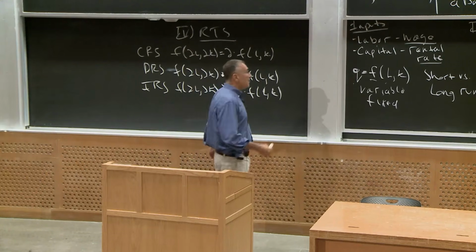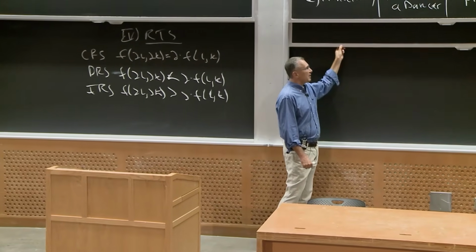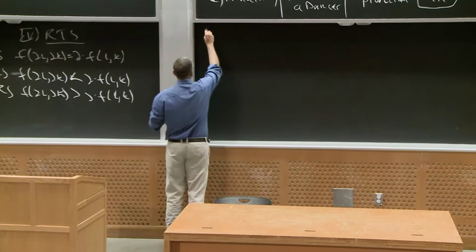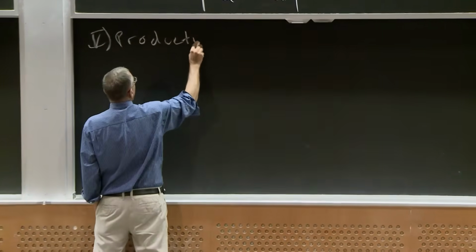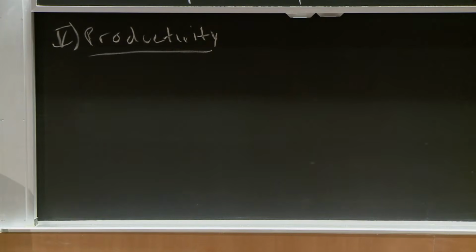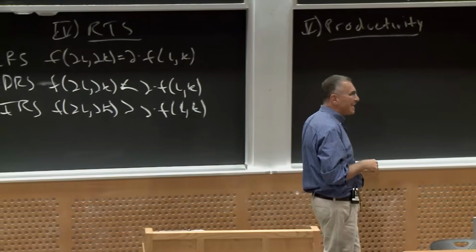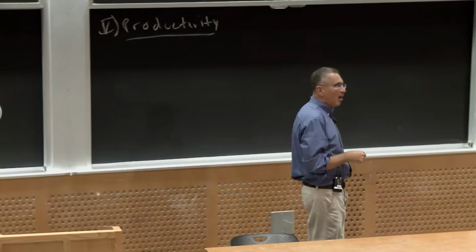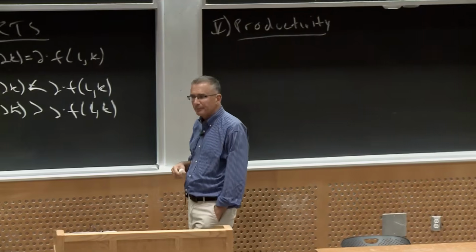Now, let me come to the question here and talk about a last topic, which is productivity. One of the most exciting topics in economics is thinking about productivity. The idea of productivity comes from a very famous application from 1798 of the idea of decreasing returns to scale or diminishing marginal product.